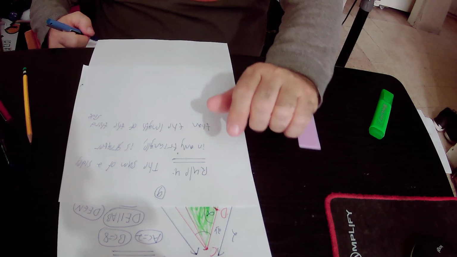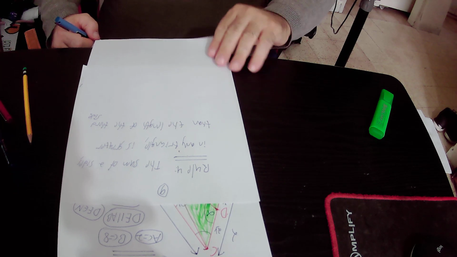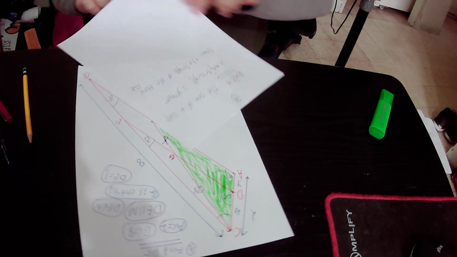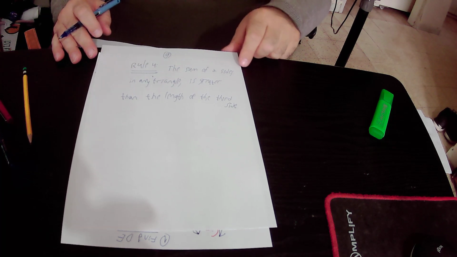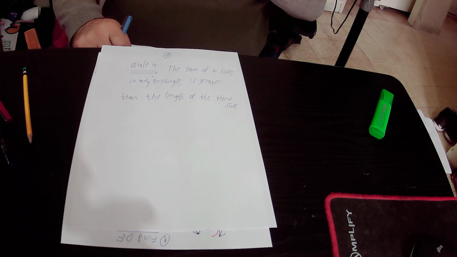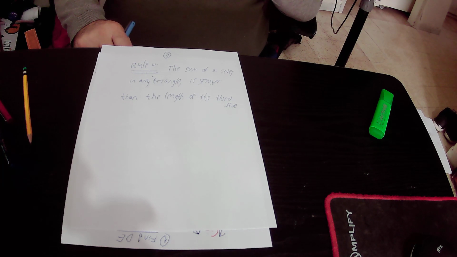That is the first part of rule number 4. I will read it again. The first part of rule number 4 states that the sum of two sides in any triangle is greater than the length of the third side.